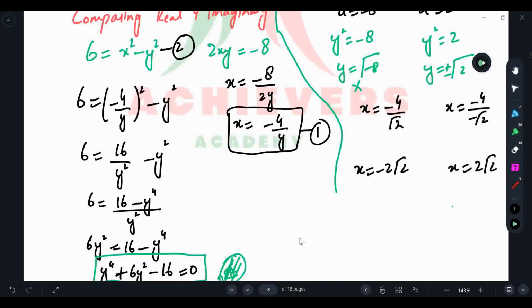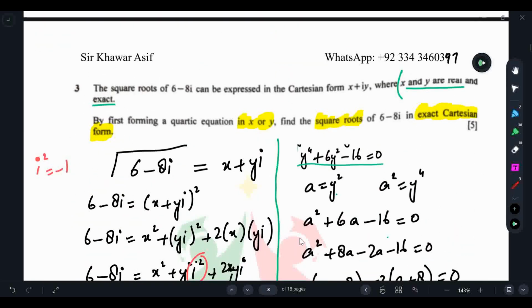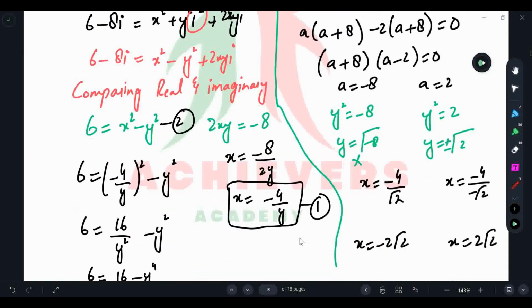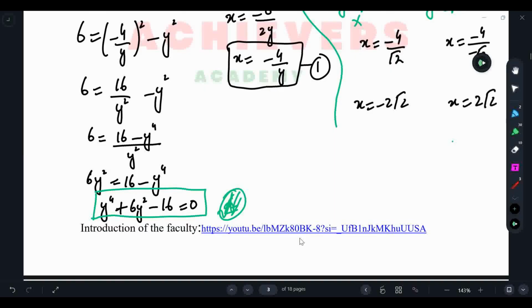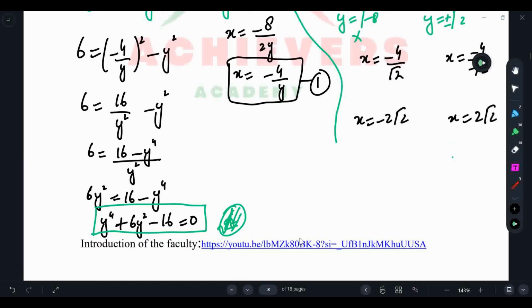So finally we have to find the square root of this, and we will have two values.